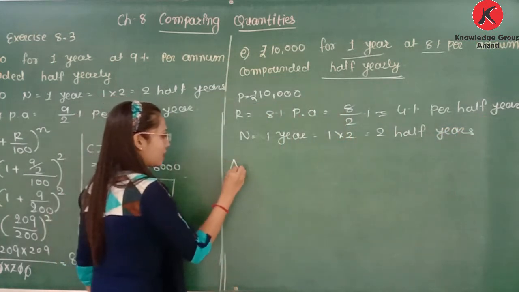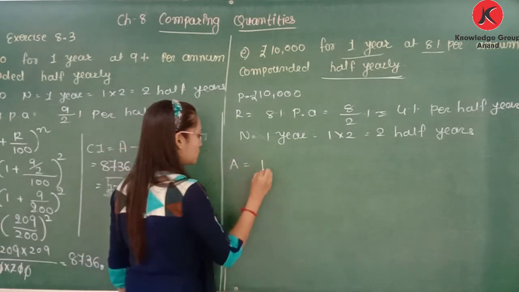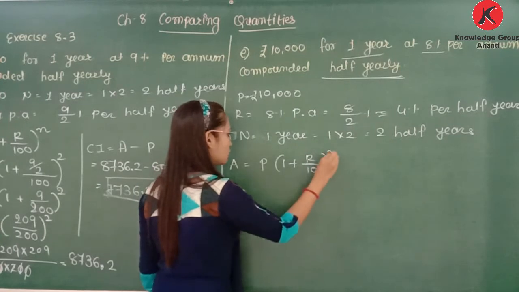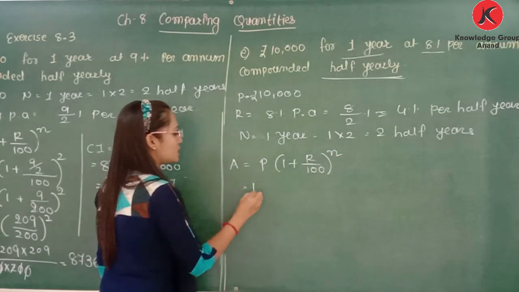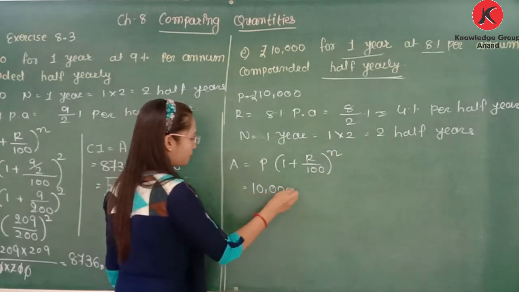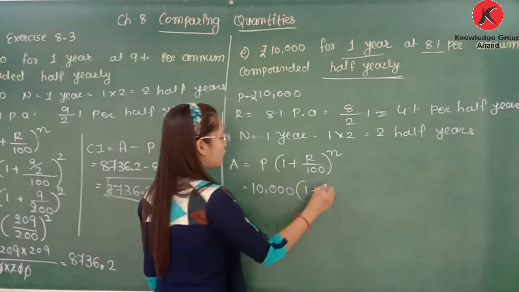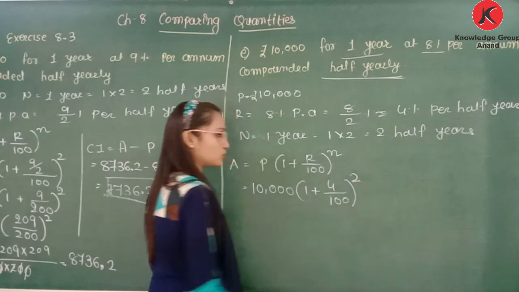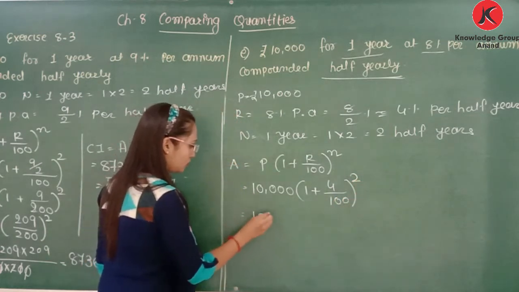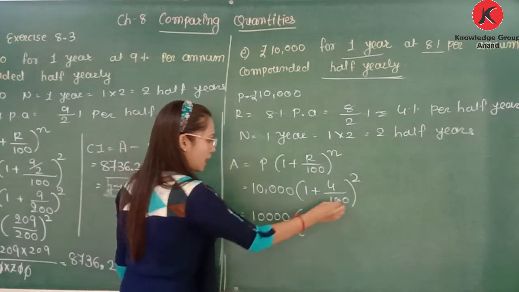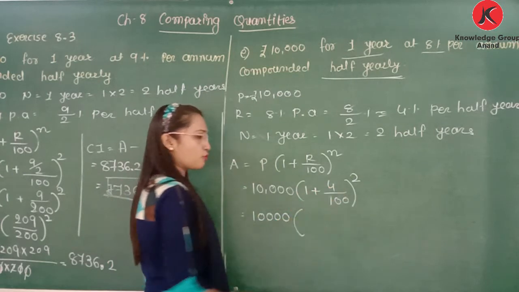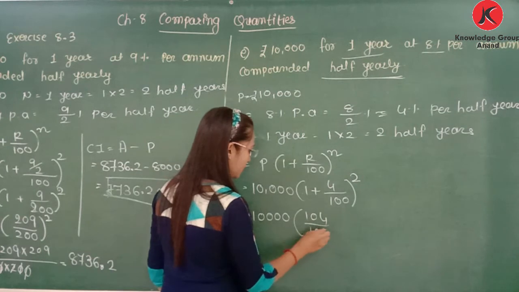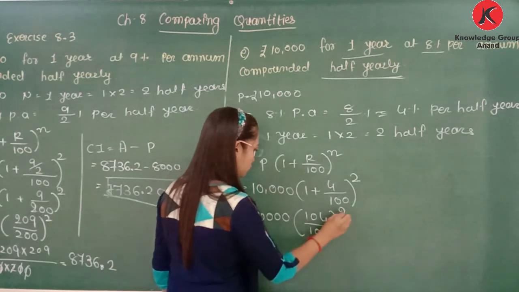Now we can write the equation: amount is equal to P times 1 plus R divided by 100, raised to N. So the principal value is 10,000, rate of interest is 4%, divided by 100, raised to 2. Now here 100 ones are 100 plus 4, that is 104, divided by 100.